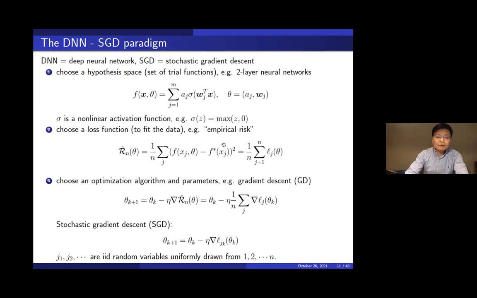Notice that if you do this, then at each step you need to compute this sum of n terms. n is the size of the data set. If you have a huge data set, this is a huge sum, so that's going to be expensive.